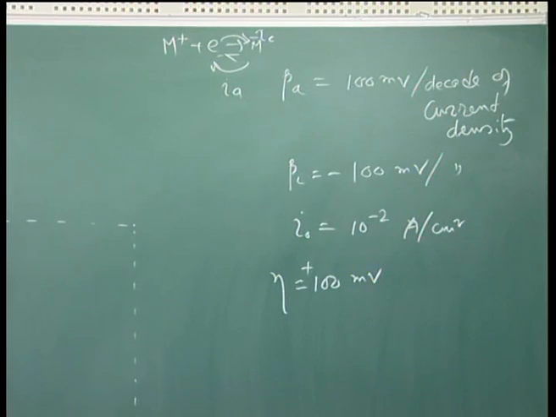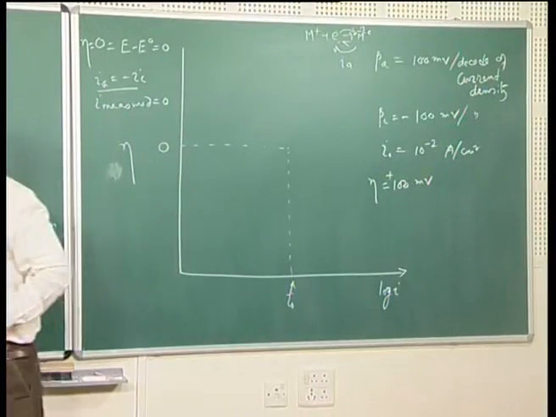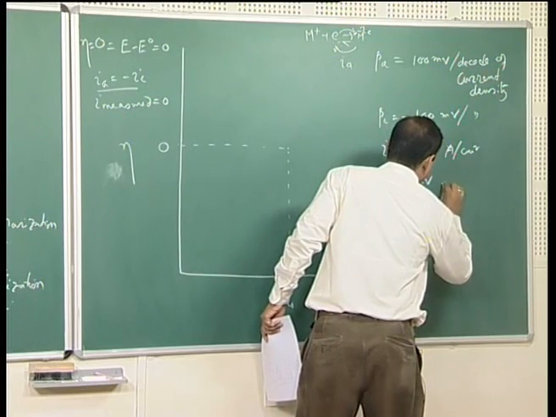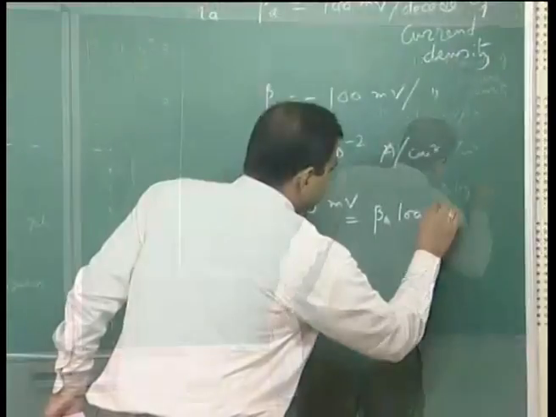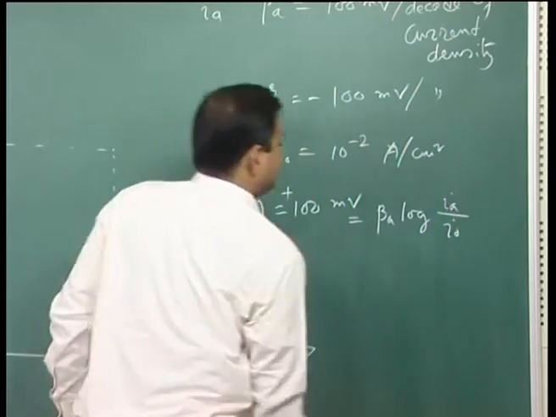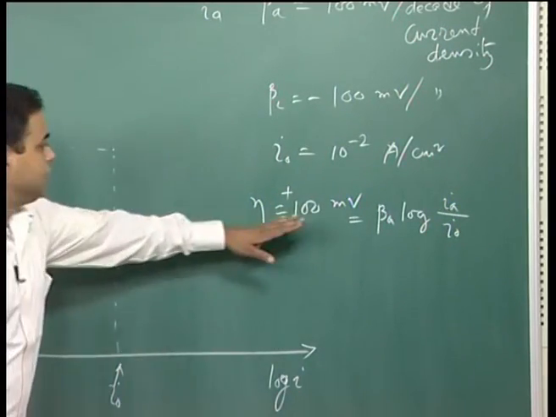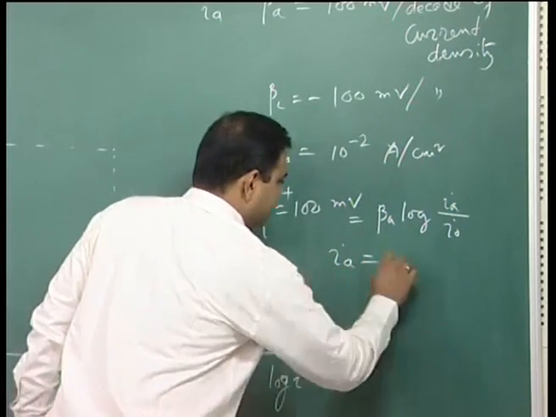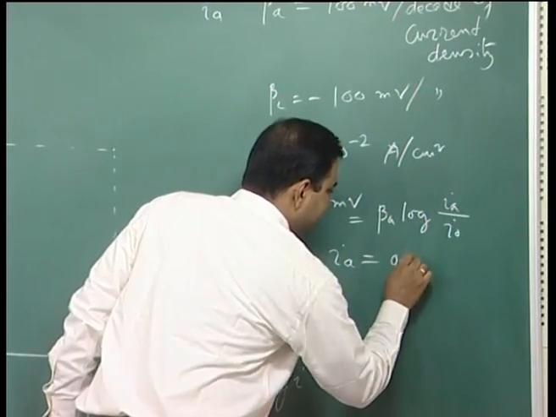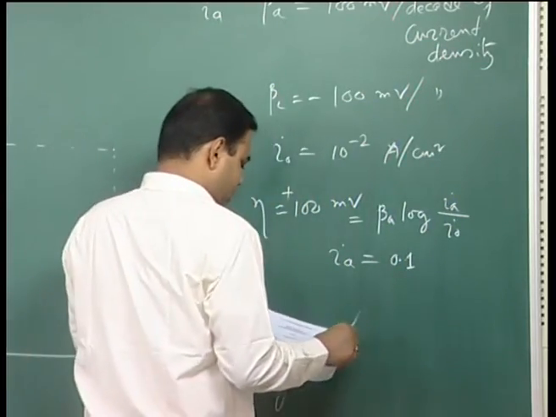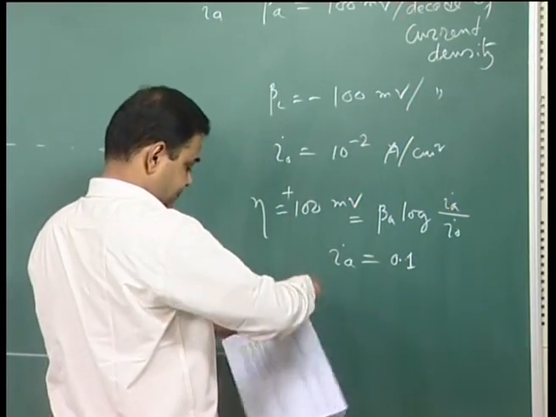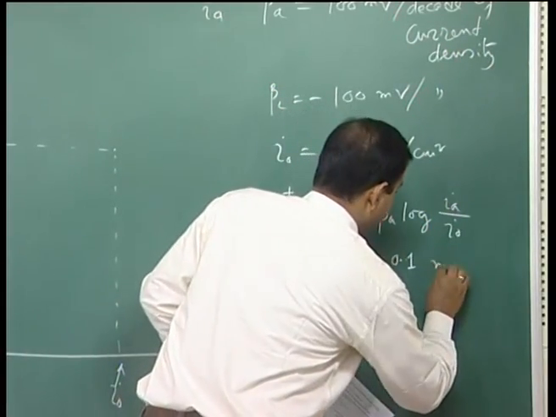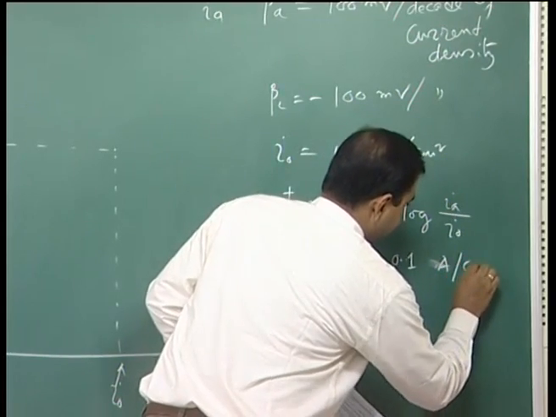Let me find out what would be the amount of IA. So, this would be equal to beta A log IA by I0. From this I would see that IA is coming out to be 0.1 milliampere per centimeter square.